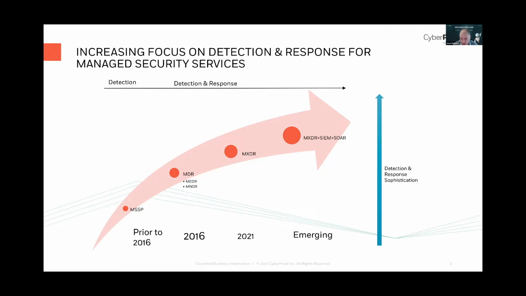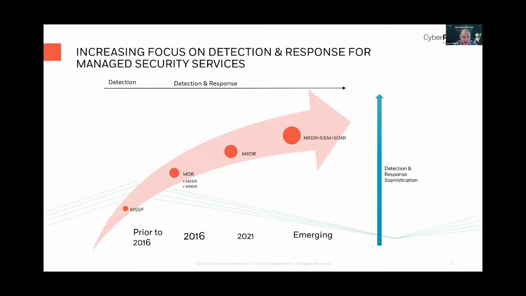Then where we're really emerging for the largest enterprises is how do we bring in all of these elements, not just MxDR. These enterprises have a substantial investment in SIEM, security information and event management, and security orchestration, automation, and response platforms. So how do we take all of that together and even do interesting things like hybrid delivery options?